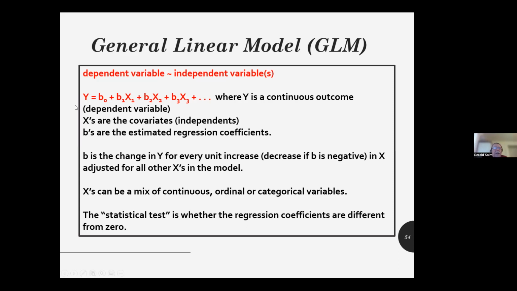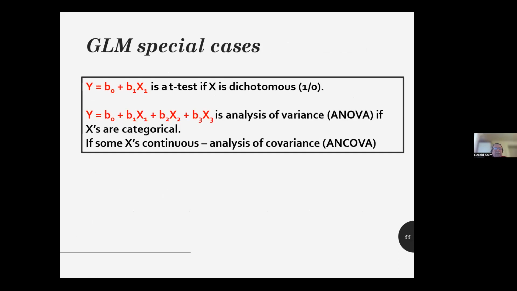Because obviously, if a regression coefficient is 0, then that quantity has no impact on y. The regression coefficient can be positive or negative, and you can have, as I say, a mix of continuous, ordinal, or categorical variables.